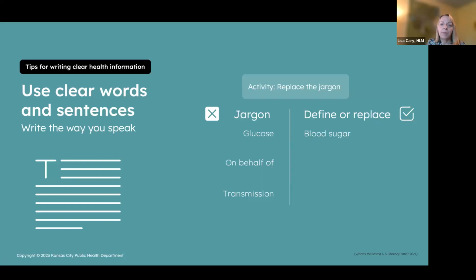What do you think about "on behalf of"? Do people need to know that phrase or term? And if not, what could you replace it with? Kind of a tough one.